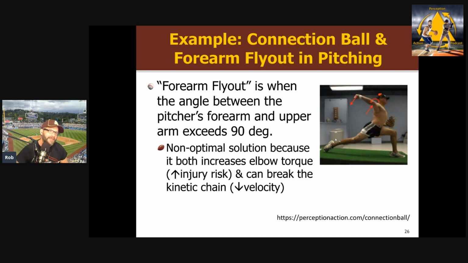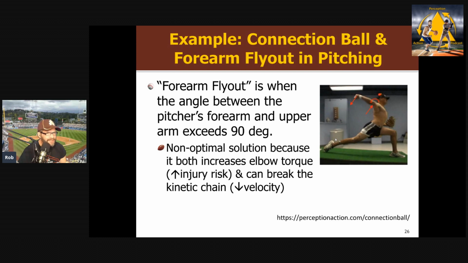So their arm is coming away from their body and bending more than we'd like. The reason that this is a non-optimal solution is for two reasons. One is it puts a huge amount of torque on the elbow, which, as anyone who knows about baseball knows, pitchers have elbow injuries all the time, have to have their ligament replaced in Tommy John surgery. So we don't want that.